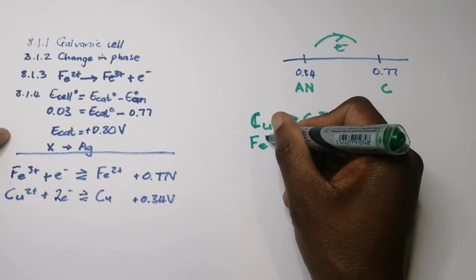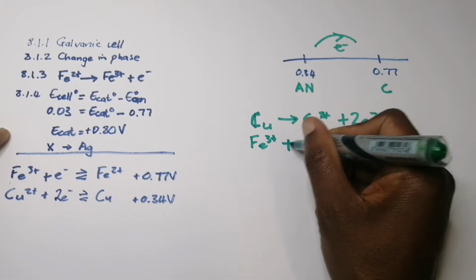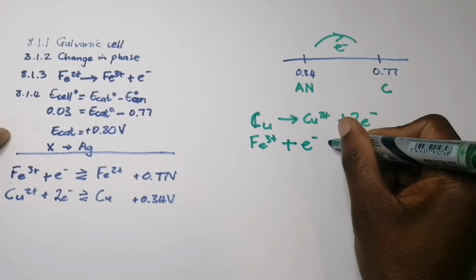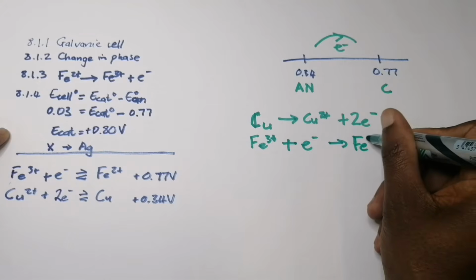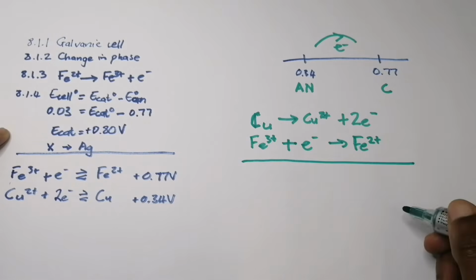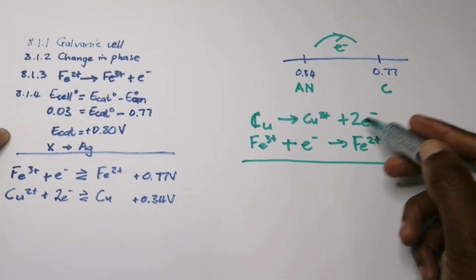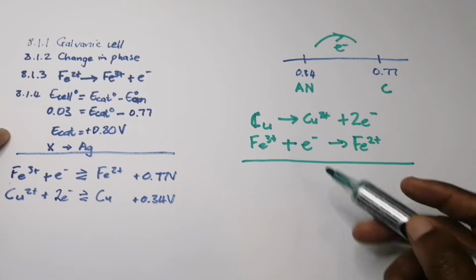The only difference now is that I'm going to write it down with only one arrow. So this is Fe2+. Now let's write down the net cell reaction. When you get to this point, always remember that what you need to do first is make sure that the number of electrons is balanced.